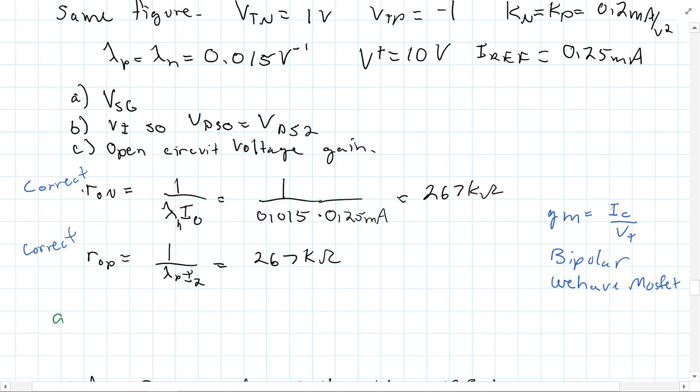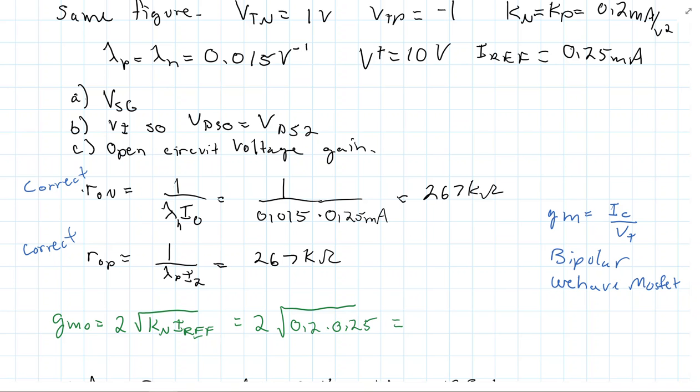So the correct is that gm0 would be 2 square root of Kn times Iref, which would be 2 square root of, where's K? 0.2 times 0.25, which if I do that, then I'm getting a very different number, much smaller number.